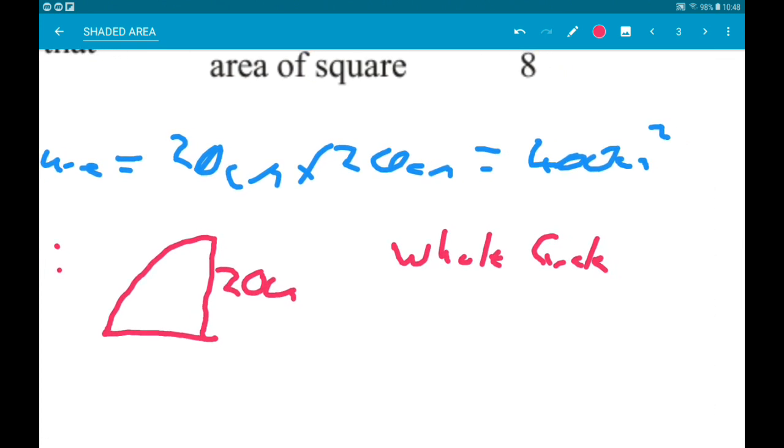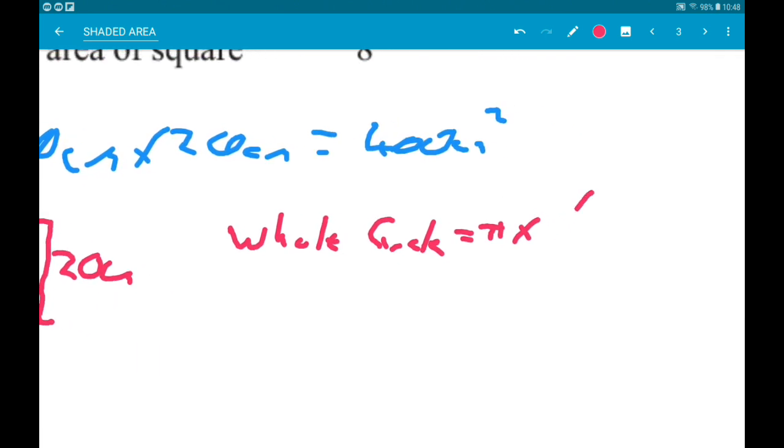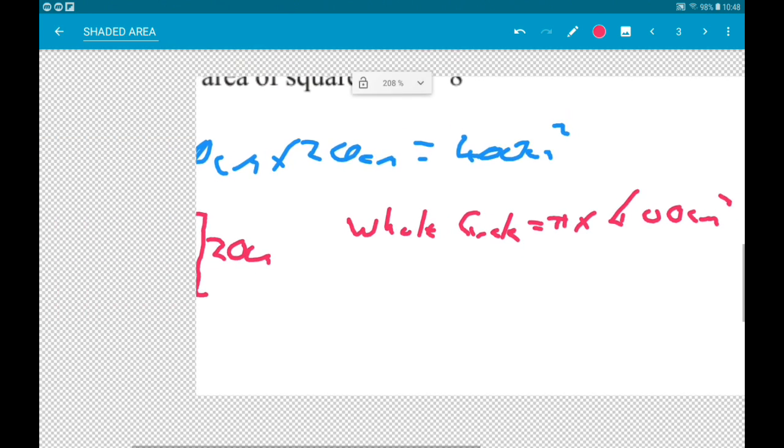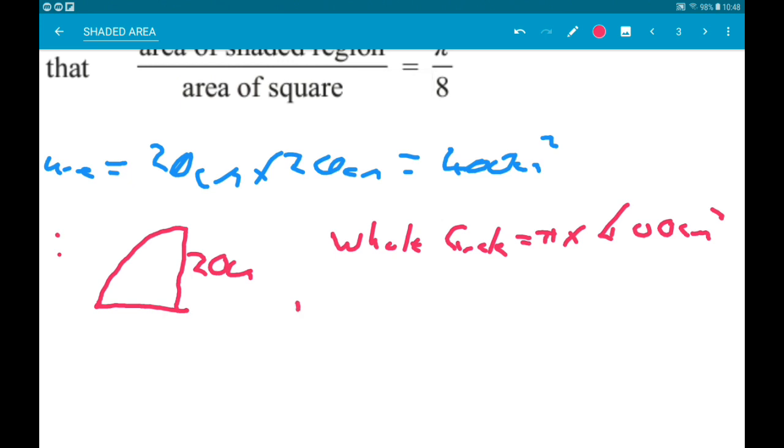So that would be pi times 400 centimeters squared. But we have a quarter circle. So the quarter circle is then going to be 100 pi centimeters squared.